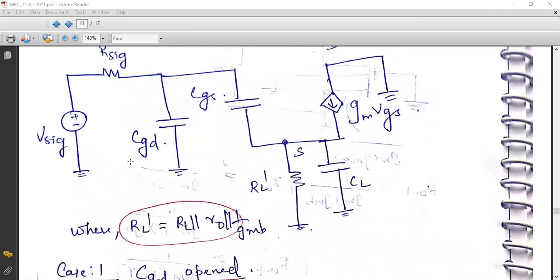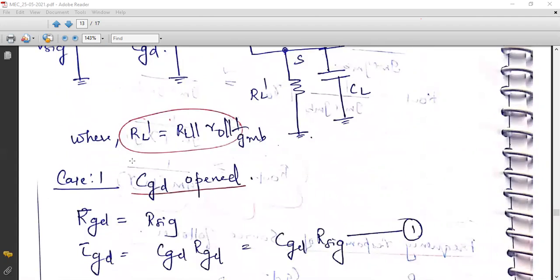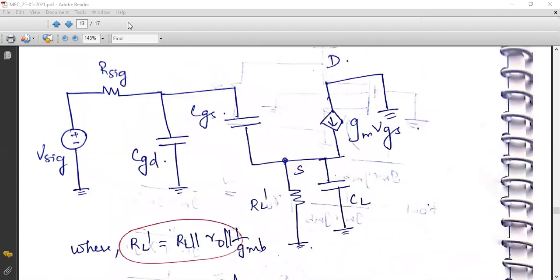Okay, so if you open this CGD, what is the resistance that you are seeing? Please understand that whenever you are taking capacitance one by one, you will not consider the signal source. It will be short circuited. So this will be opened, and across open terminals, you will look into the input.